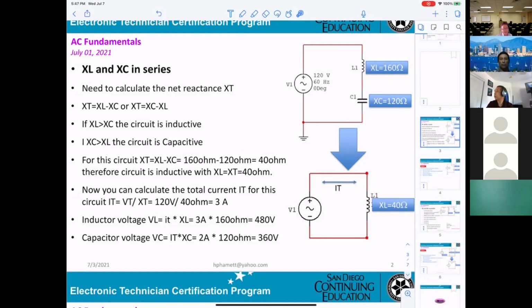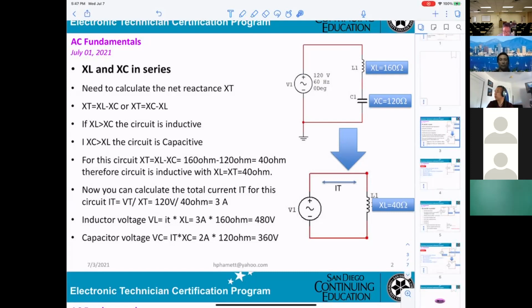If XC is higher than XL, the new circuit will be capacitive. Or if XL is greater than XC, the new circuitry will be inductive with the new value of XL or XC.